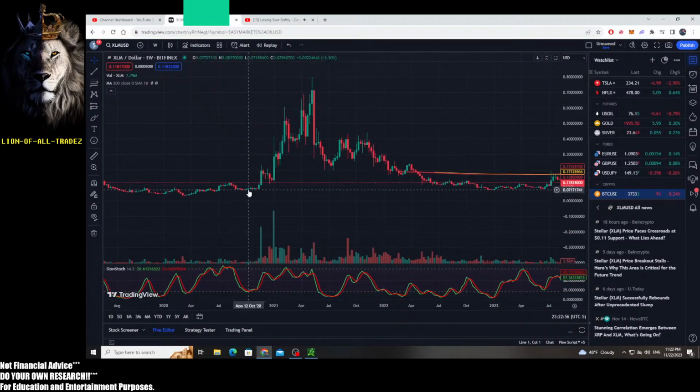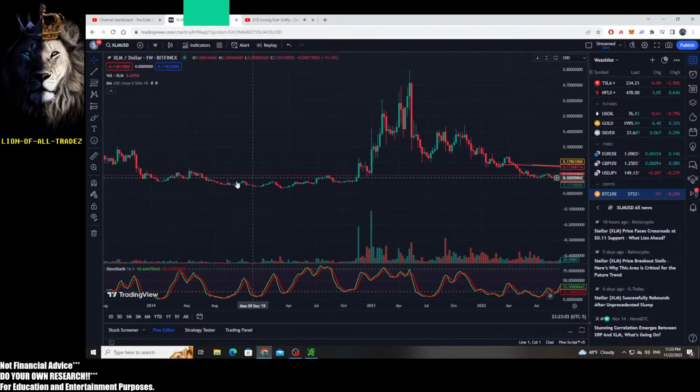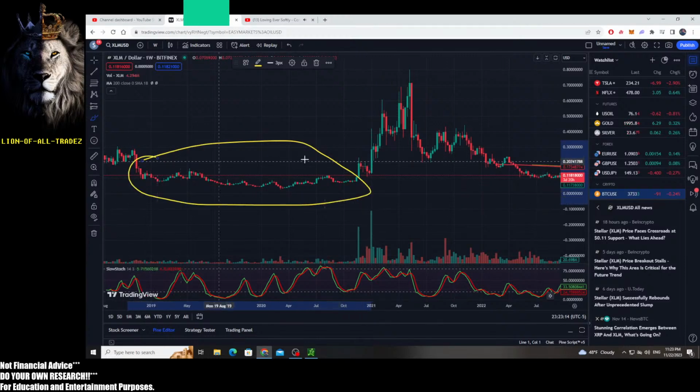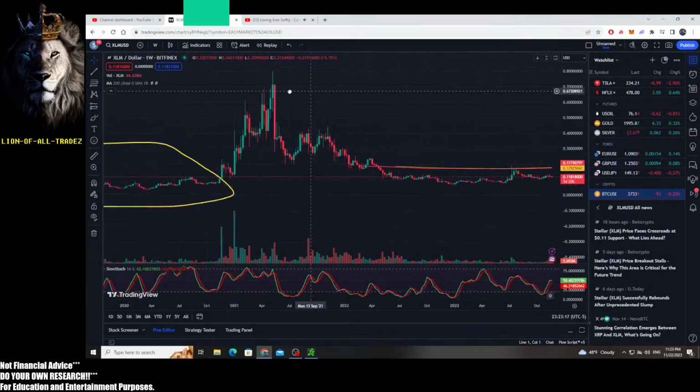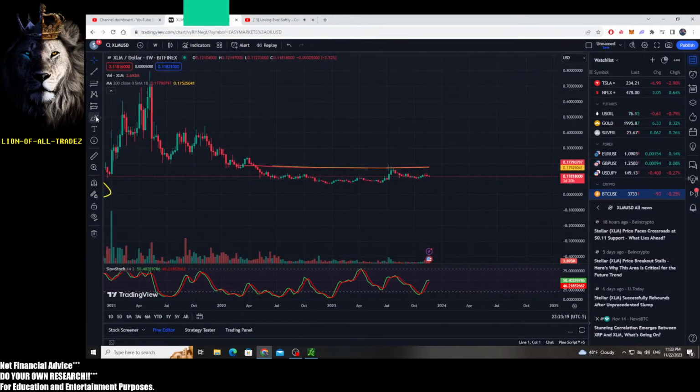And we're literally close to those bottoms of 2020. If you think about it, look at that. We literally have all that range here, and here as well.